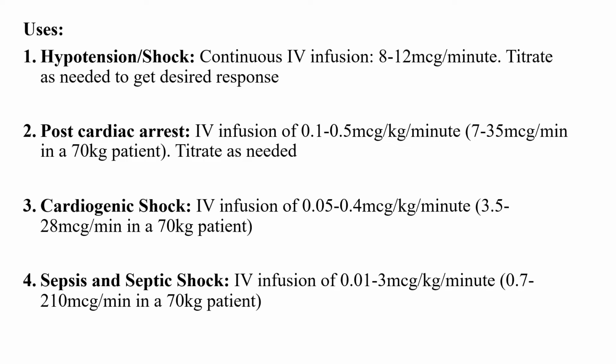So suppose a patient is 70 kg, the dose will come to 7 to 35 micrograms per minute, and in case of cardiogenic shock, the dose is 0.05 to 0.4 micrograms per kg per minute. That will come to 3.5 to 28 micrograms per minute in a 70 kg patient.